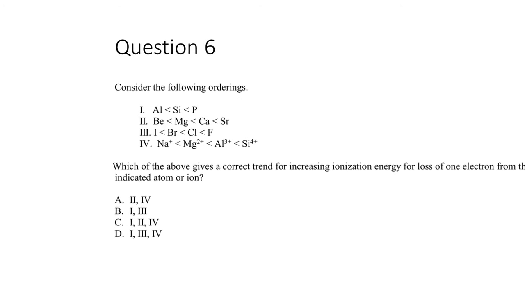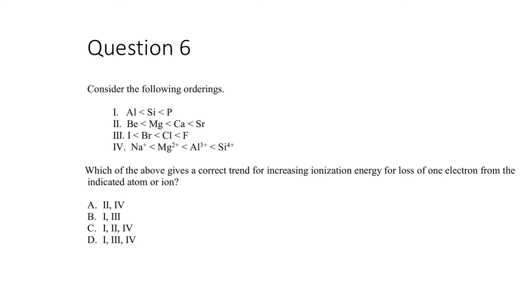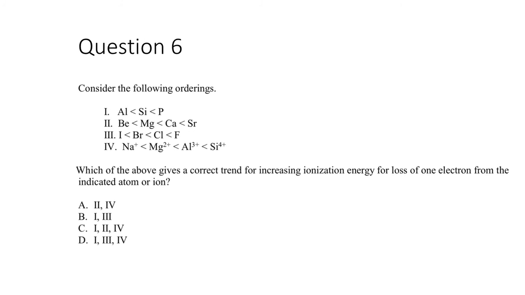Question 6. Consider the following orderings. Which one gives the correct trend for increasing ionization energy for the loss of one electron from the indicated atom or ion? Okay, so we're looking at I1s.